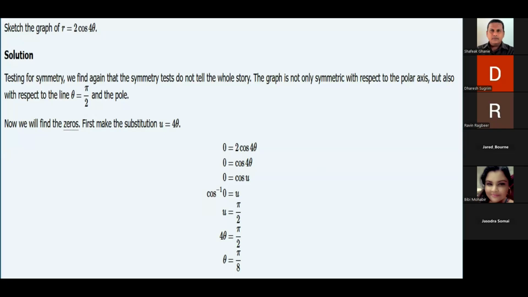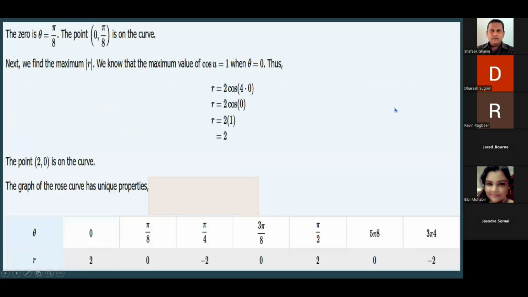So 4 theta is equal to pi over 2. Our final answer for theta will be pi over 8. So the point 0 and pi over 8 is on the curve.